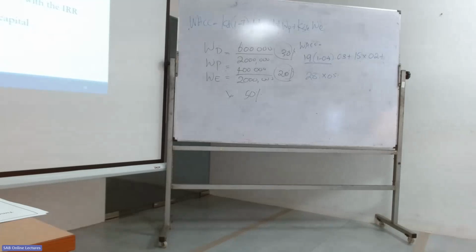So normally this WACC is very realistic because the weights are based on the market value and the cost of debt, cost of equity, cost of preference shares, we have estimated based on the investors' required rate of return. Right? Based on the investors' required rate of return and also after considering the tax shield. So therefore this WACC is a very realistic number.